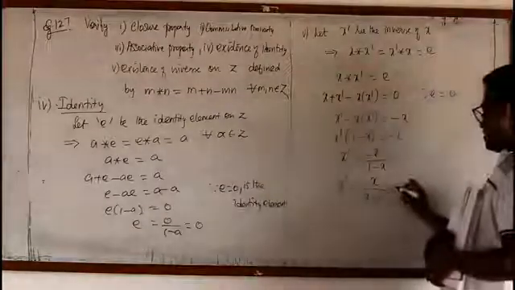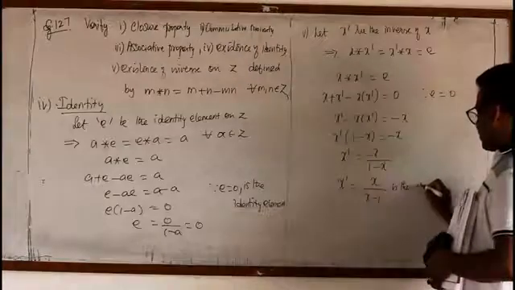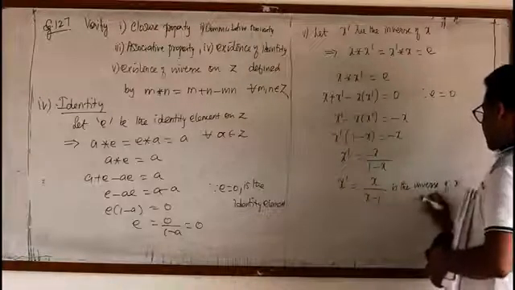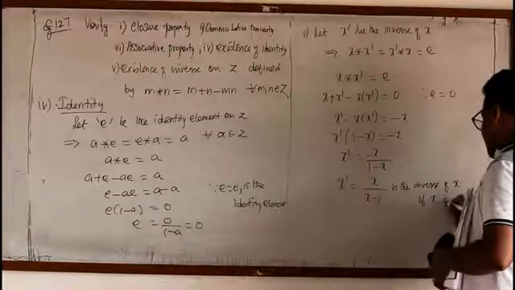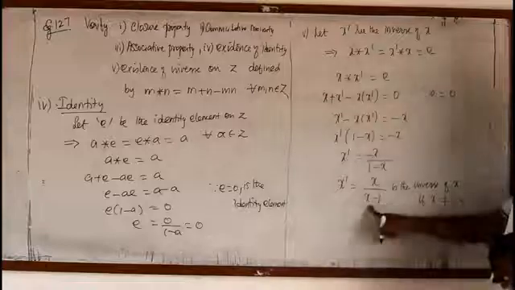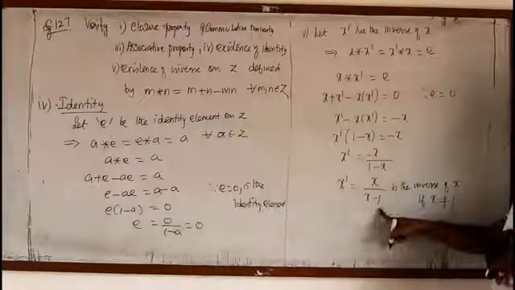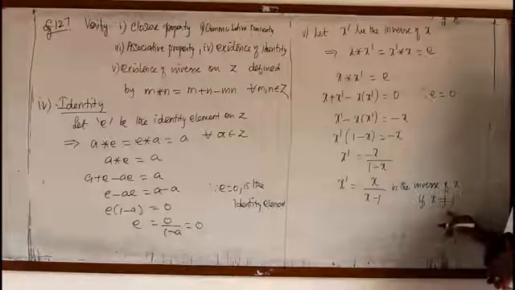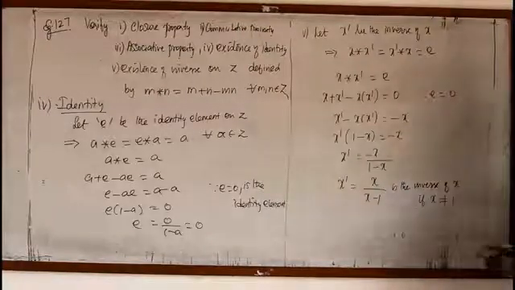So this is the inverse of X if X is not equal to 1, because if it is becoming 1 minus 1, it becomes 0 in the denominator. So the inverse will be existing only if X is not equal to 1.